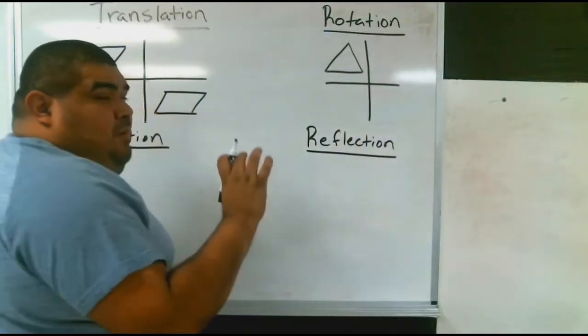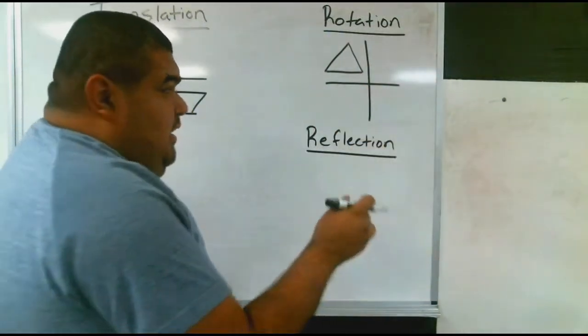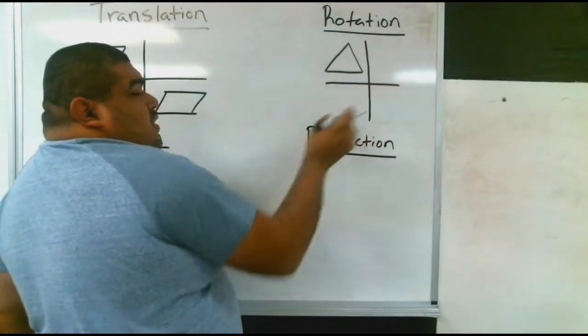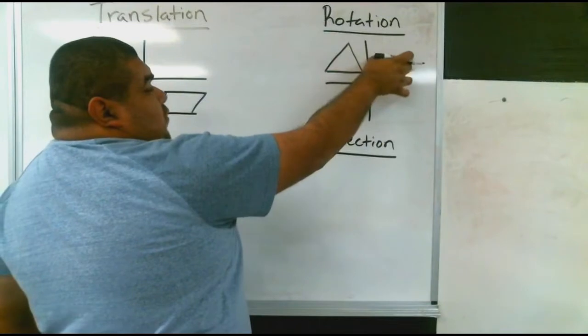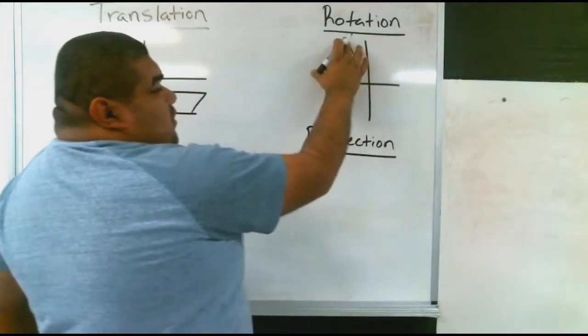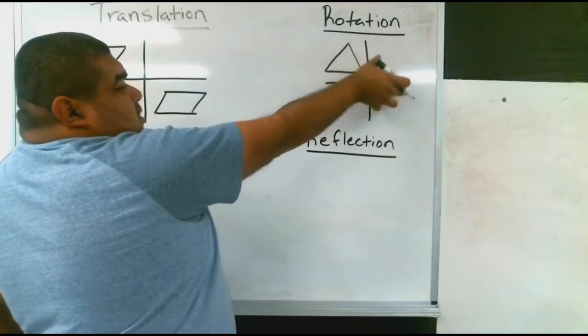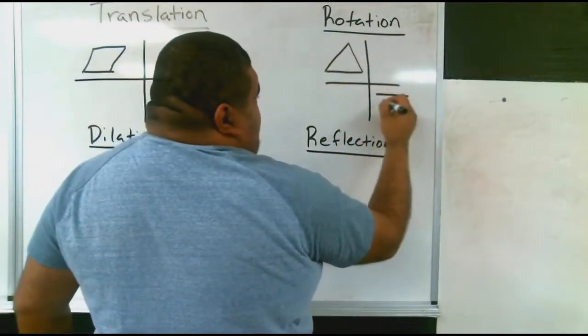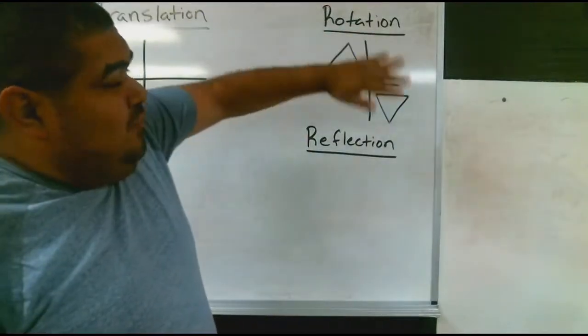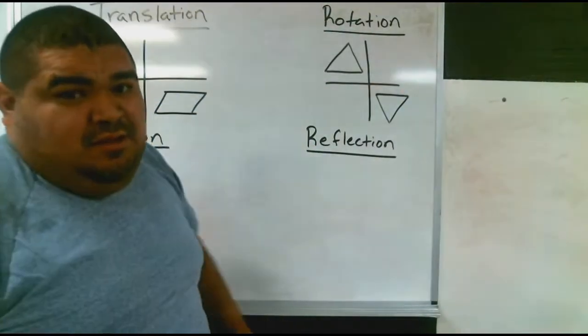I'm going to rotate it clockwise. If I rotate it from quadrant 2 to quadrant 4, you have to go through quadrant 1. Think of it as this: you're at quadrant 2, quadrant 1, and then quadrant 4. You rotate it as you go by.